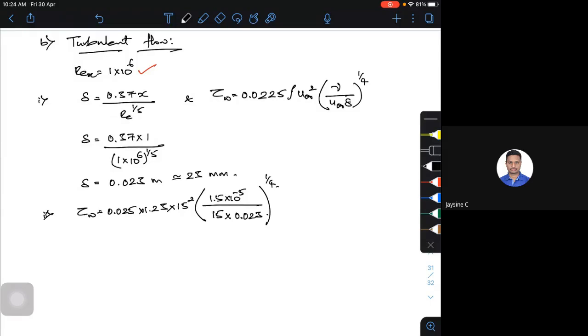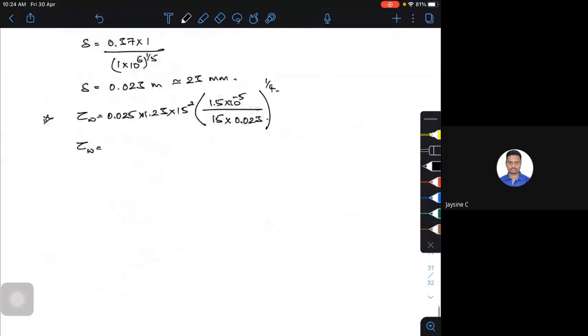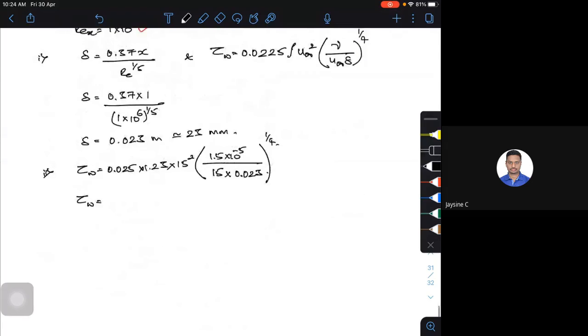So tell me, what is the value of tau w? It should be around what we got in the previous case, 0.1 or 0.2, something like that. 0.561, sir. 0.56?